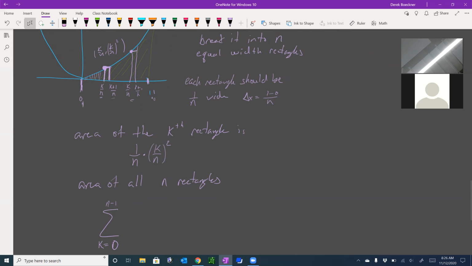Yeah, I'm using the left endpoints. So the first rectangle is the one that has 0 as its height. The next one has 1 over n as its height, and so on. If I was using the right endpoints, I'd start at 1 and end at n, but then the height would be k plus 1 over n squared. Okay. So then I multiply by 1 over n, and then I multiply by k over n squared. All good so far?